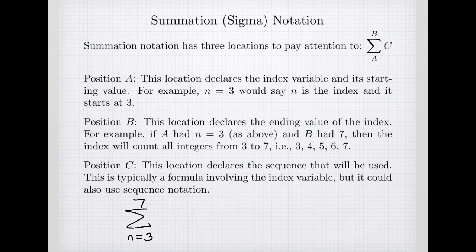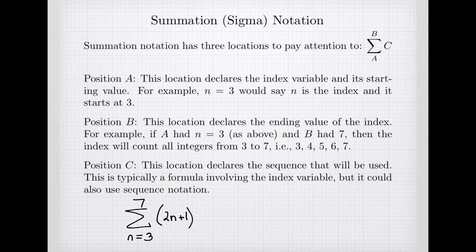So 7. And the third point, or the third object that I have, is the sequence that I'm actually going to sum. And so here I typically have a formula involving my sequence index. So n is my index, so I might have a formula like 2n plus 1.